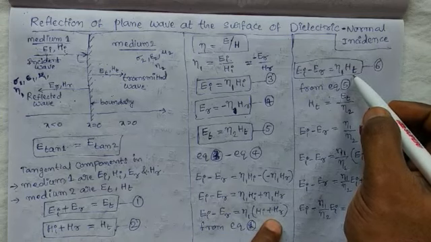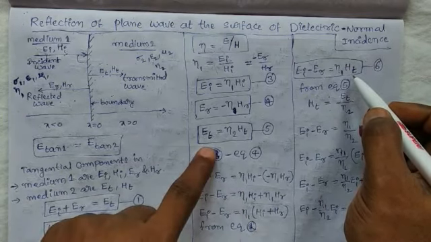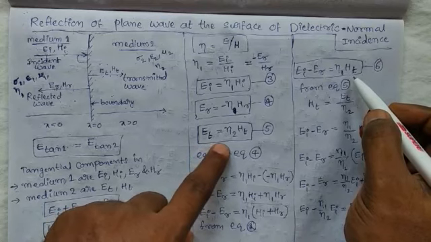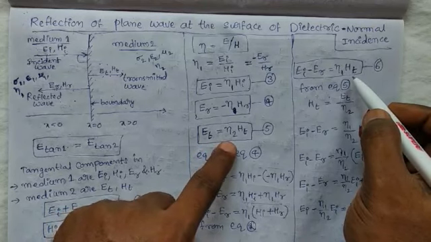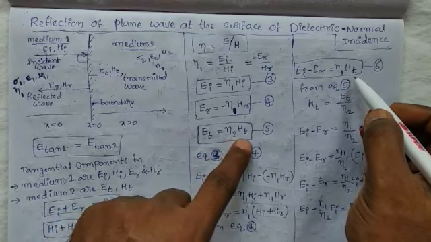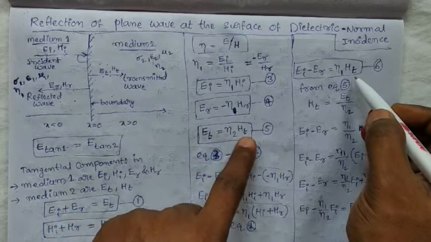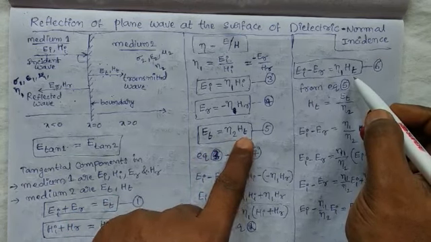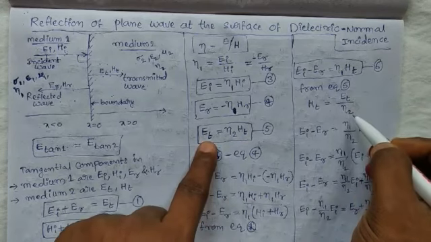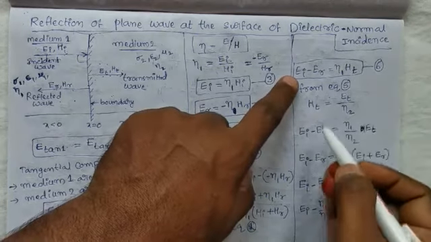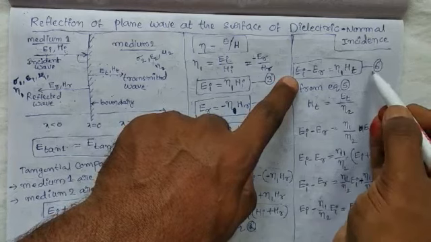Similarly, E tangential from equation 5 is equal to eta 2 HT. From this, HT is equal to ET by eta 2. Now we substitute this HT in equation 6.